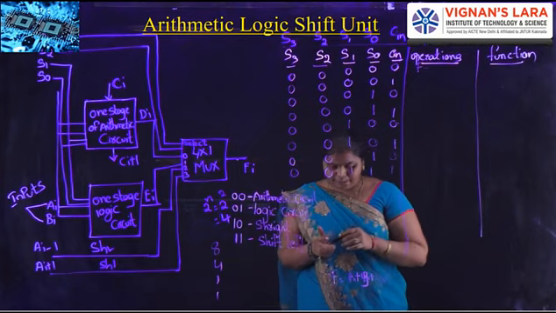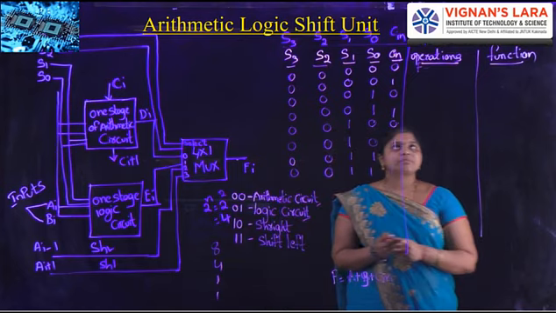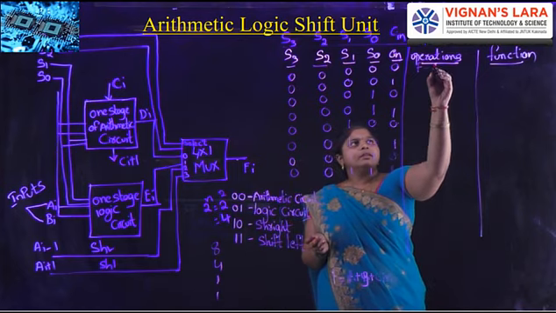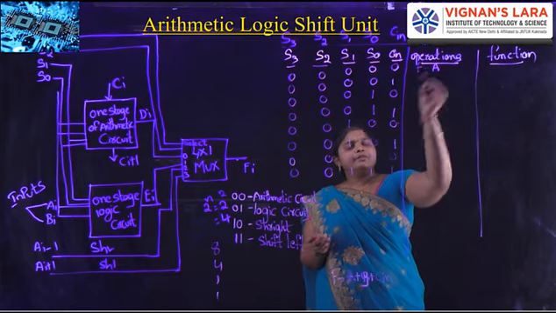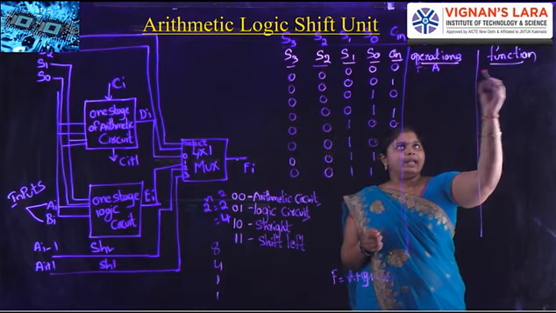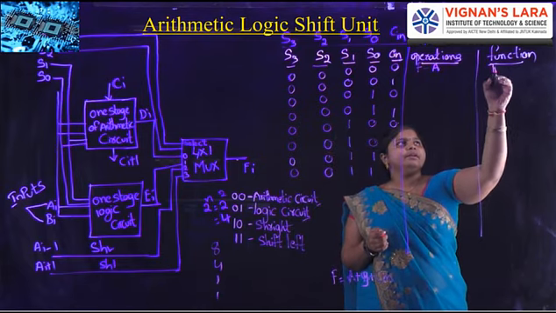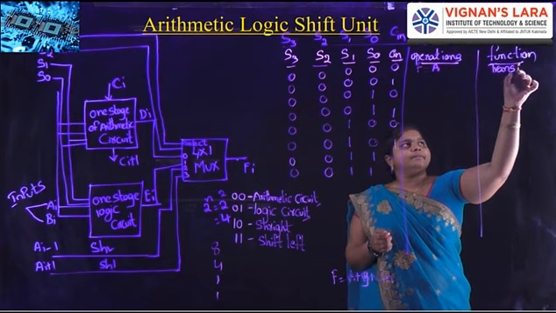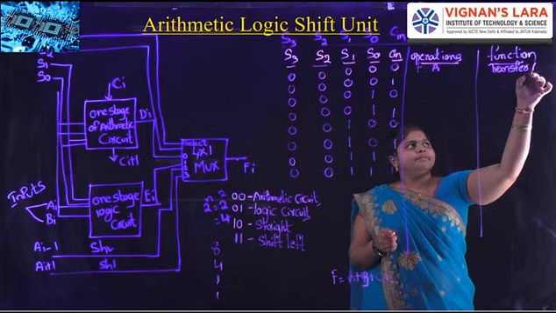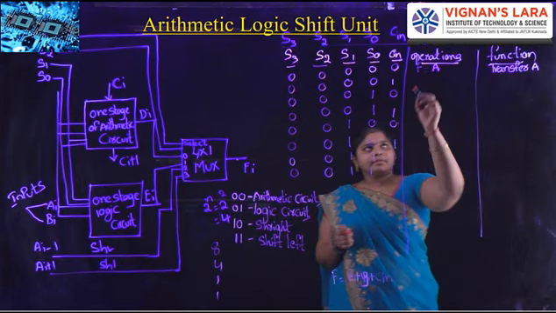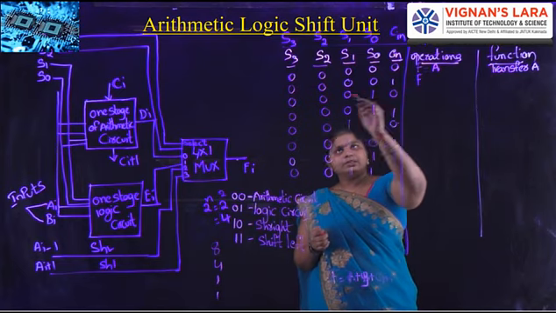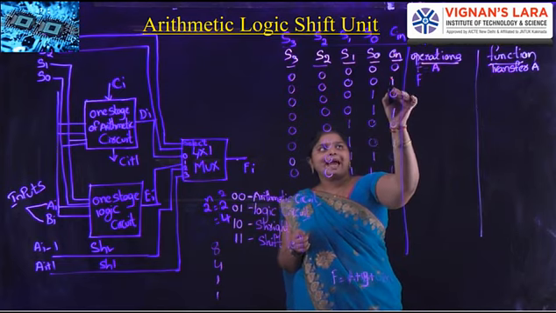Here we performed the transfer of A. The information is transferred to A. Here the function is required for transfer A. Next we take 0, 0 with carry value.